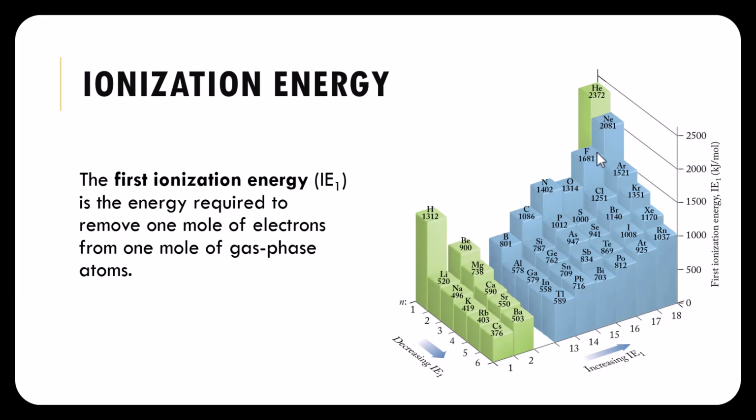So when we're thinking about these elements, okay? These guys right here next to the noble gases, so fluorine, chlorine, bromine. These guys have 7 valence electrons. They want 8.